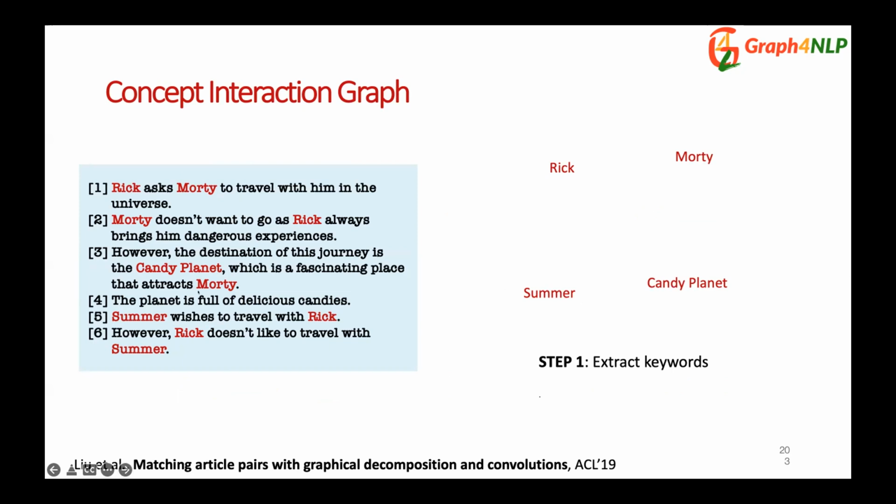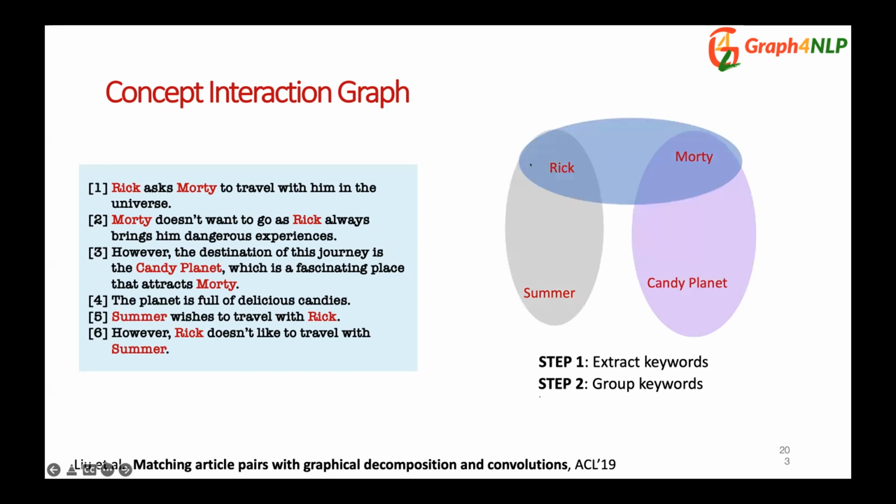Here the keywords are the named entities, and then we perform keyword clustering to group correlated keywords into different clusters. Each cluster we call a concept in this document. Then we assign different sentences to different keyword clusters by similarity.